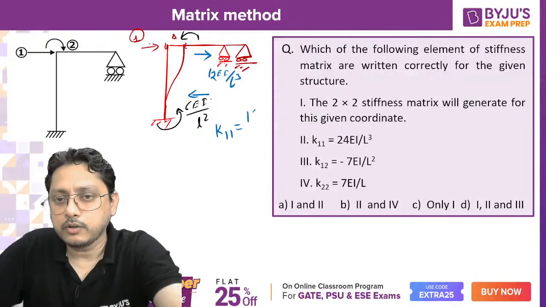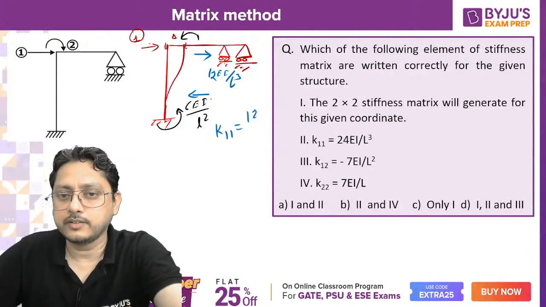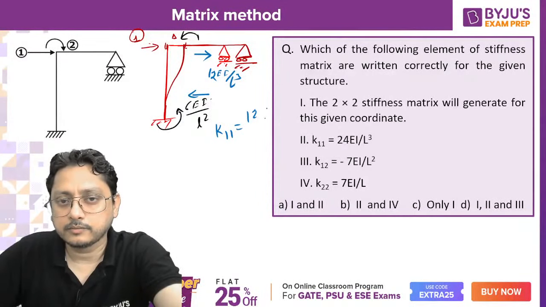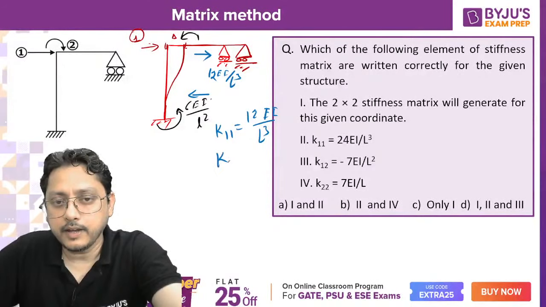K11 is nothing but 12 EI by L cube, isn't it? Then what will be the value of K21?